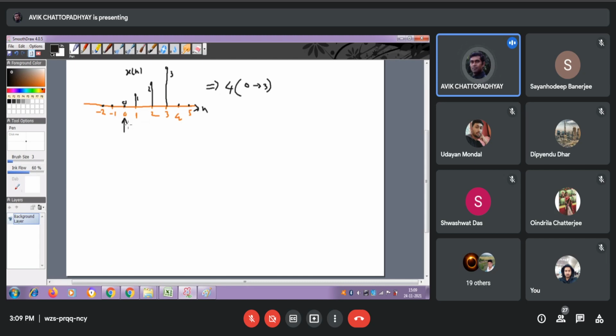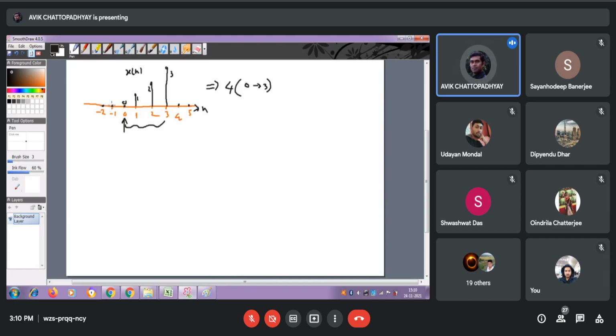So the length of the signal would be from this to this. Now the next argument which may naturally come: sir, why are we not counting these zeros and those zeros, in the left hand side or the right hand side? On the right hand side there is no need to count, because after this non-zero value, all the values coming are zeros, so no information is hidden.